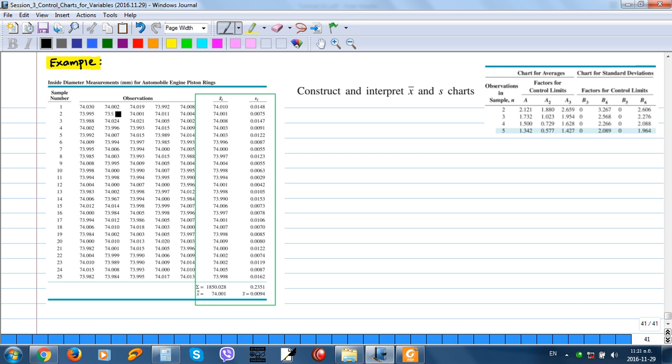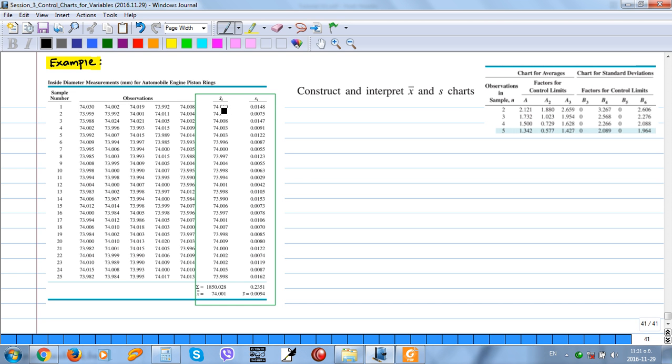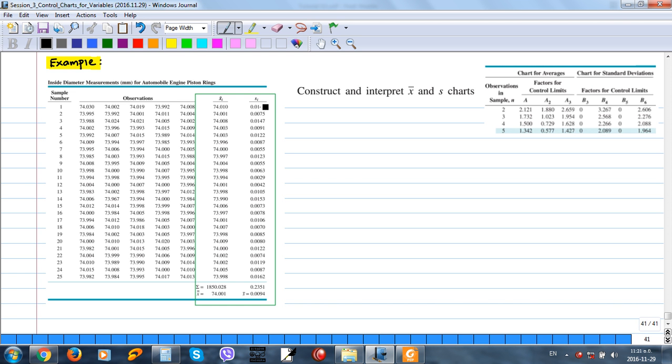You need to find these X bar and S values using the calculator, or you can do the manual calculation if you like. X bar is not a problem, but when finding the standard deviation S, it is better to use a calculator. Otherwise it is difficult to do the calculation within the given time in your examinations. So practice finding S using a calculator.